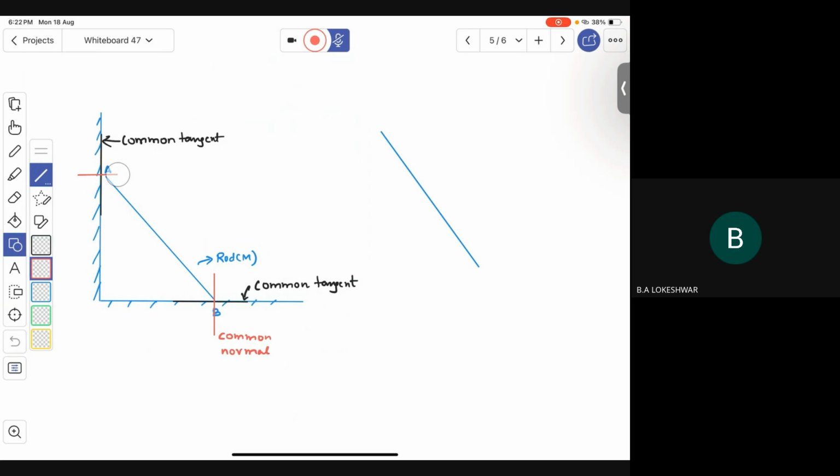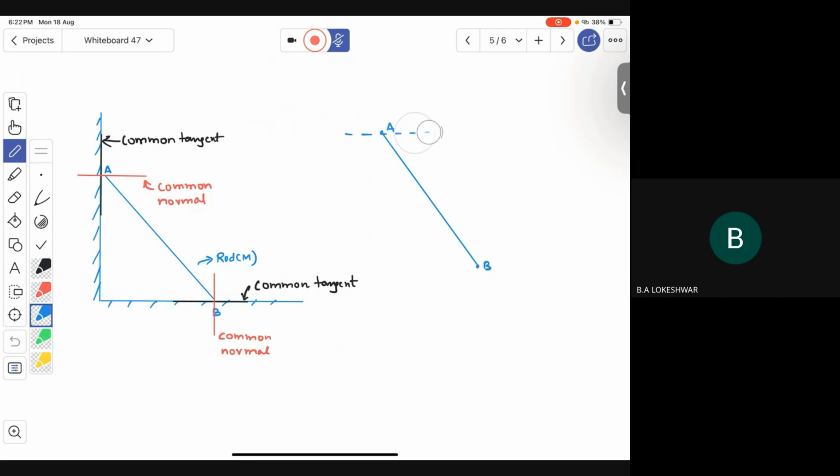You see, this red line, which is really the horizontal, is the common normal. So at A, the common normal is this horizontal dotted line. For B, the common normal is this vertical dotted line.